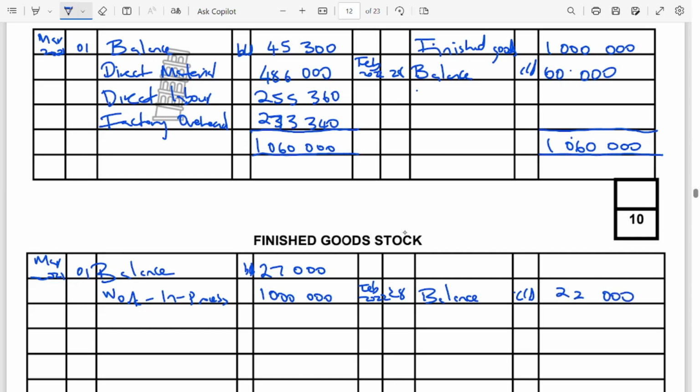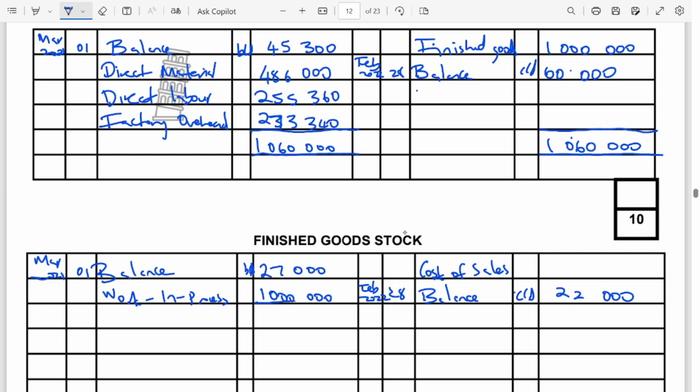Now, once the goods are finished, they are sent from the work in process to the finished goods. Because they are now finished, then they must be sold. If the goods are sold, then the finished goods will be decreasing, decreasing with the account called the cost of sales. So this is the amount that you need to find: how much was sold, because now the closing balance is 22,000.